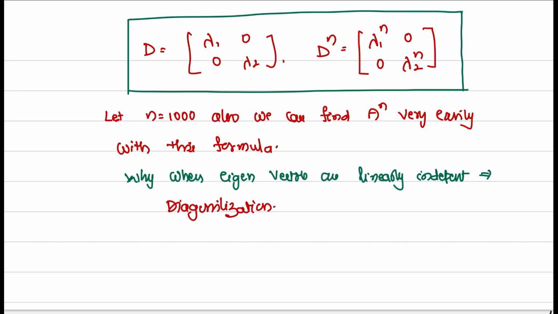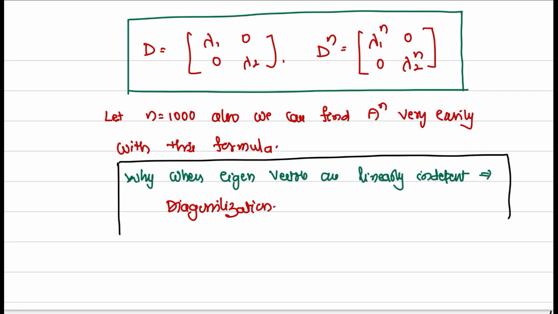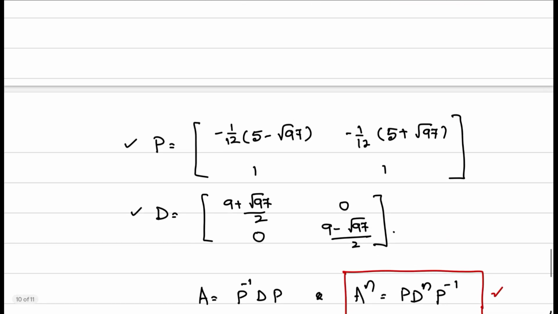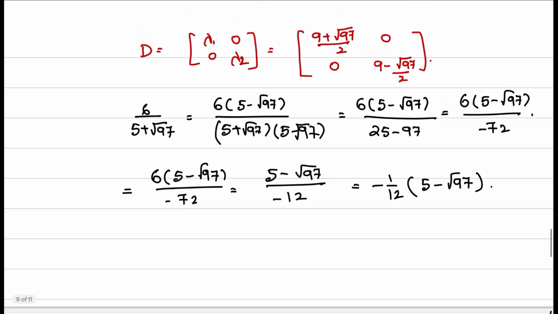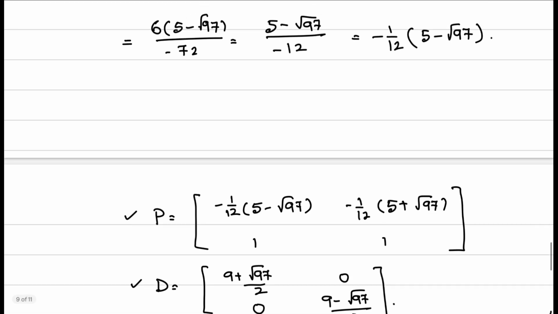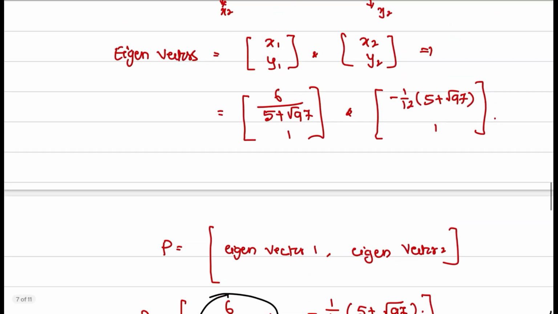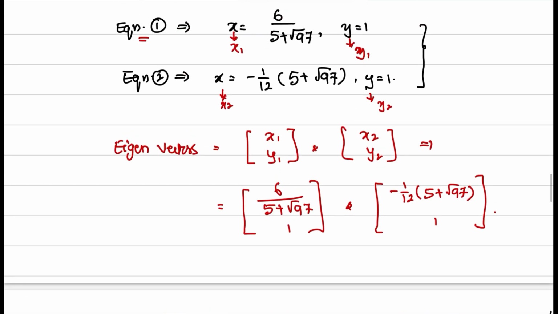Once you know these things, it will be easier for you to apply these concepts. Once you have got the eigenvectors linearly independent, you just see in this equation, they are not linearly dependent on each other. Eigenvectors x1, y1, x2, y2 are linearly independent.